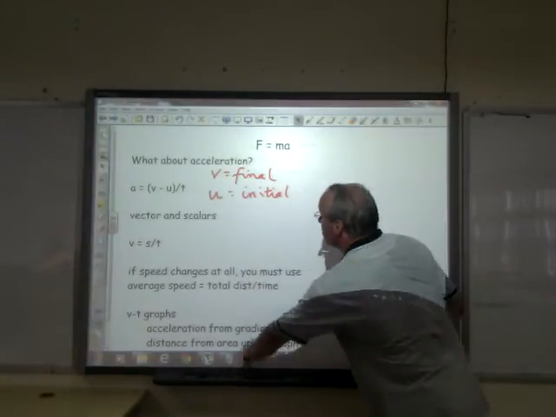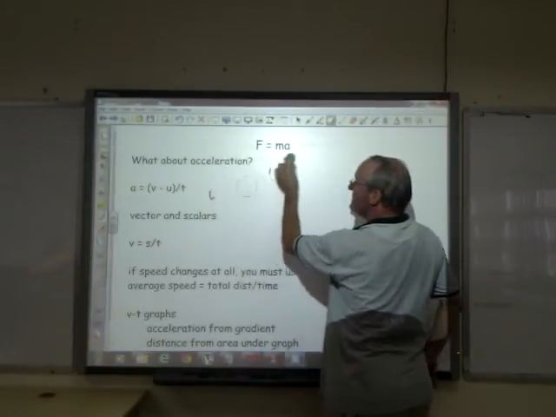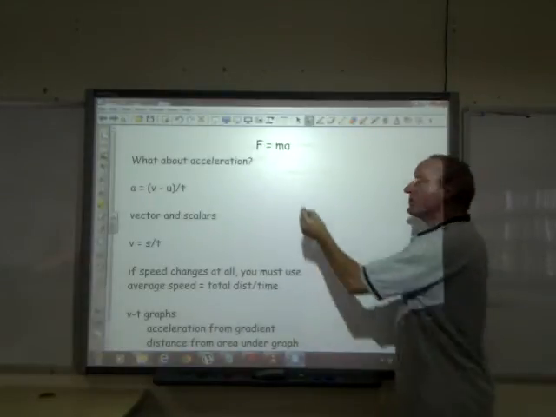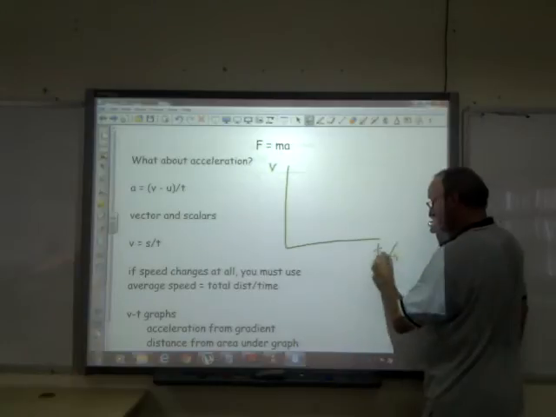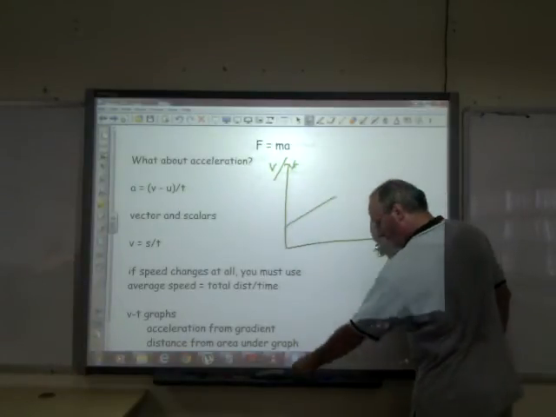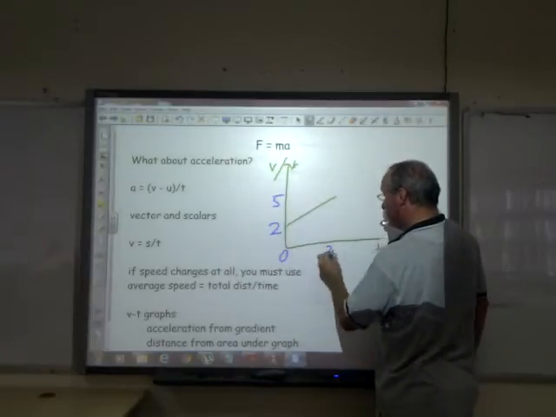What about representing speed change on a graph? Put some numbers in, 2 and 5, 0 and 3.